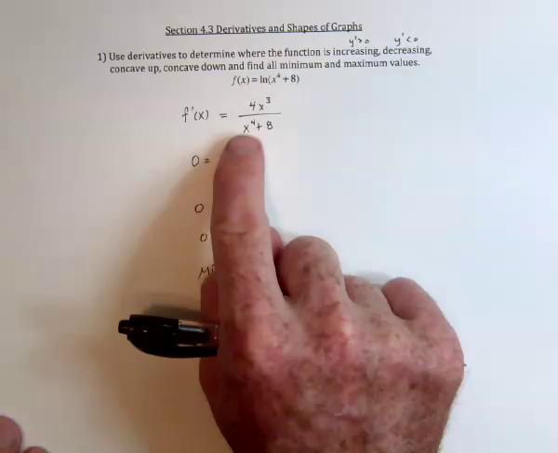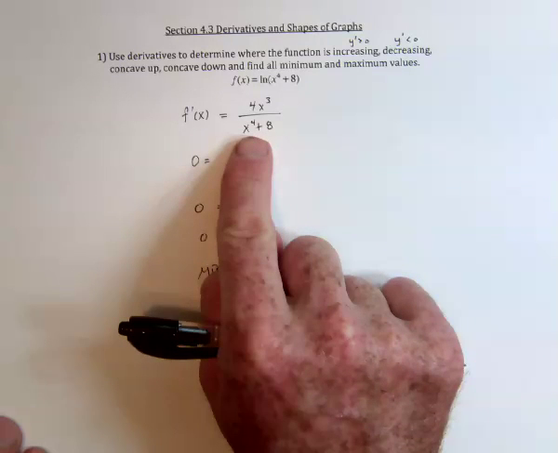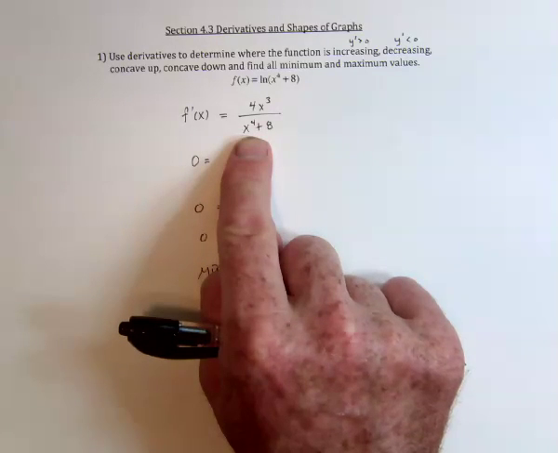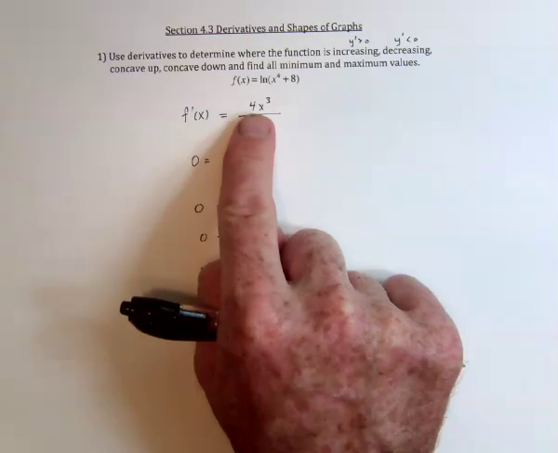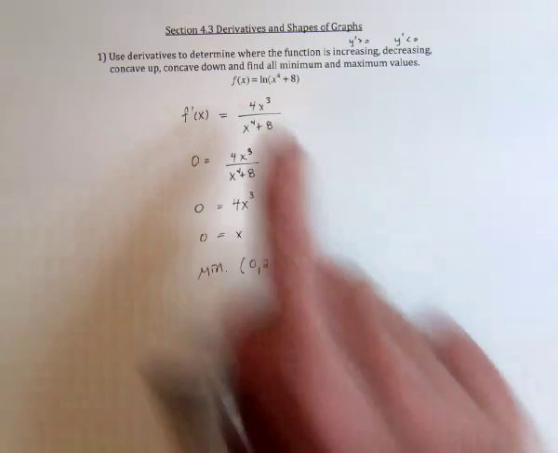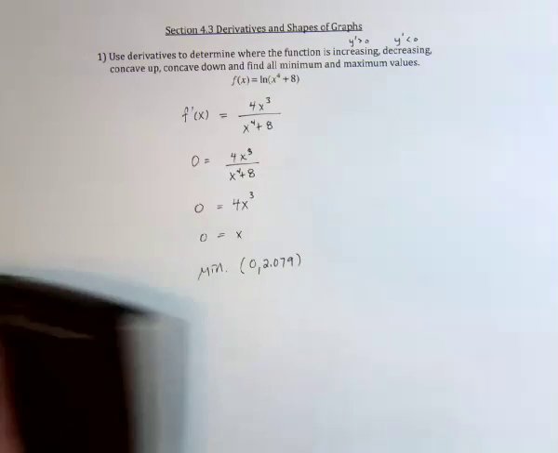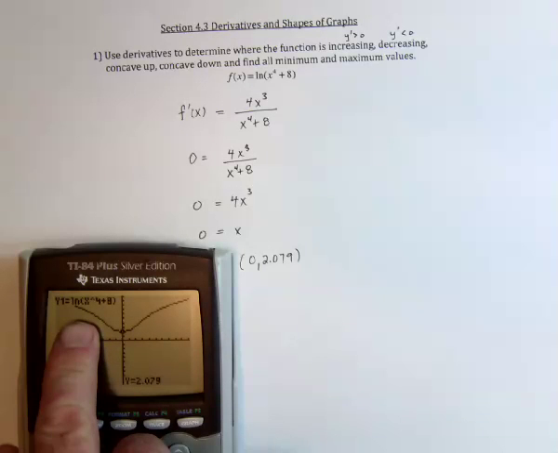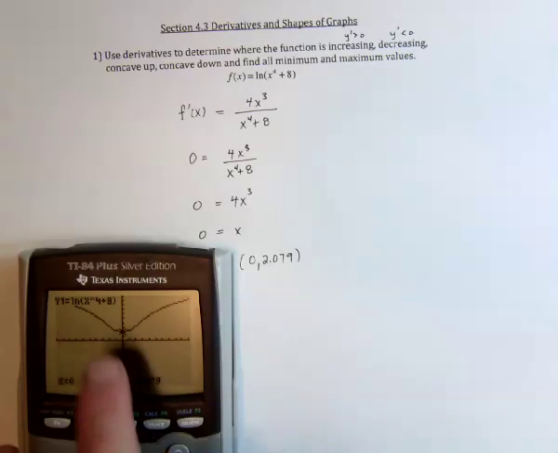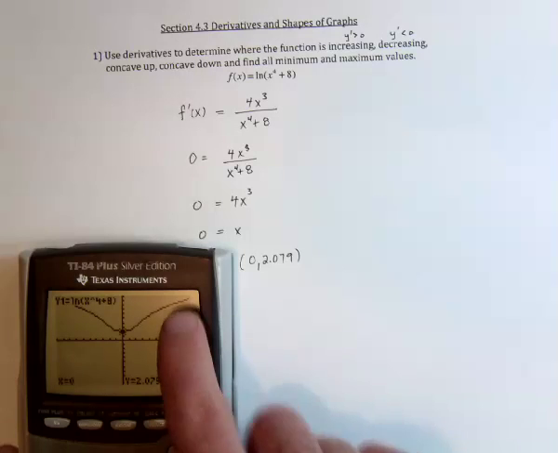The denominator having an even root and a positive number, this can only be positive. Then the only way that this can be negative is if x is negative. So that means that the derivative is negative, or in other words, it's decreasing to the left of 0, and it's increasing on the right-hand side.